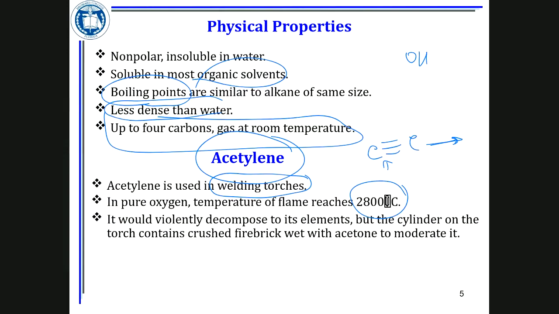They add acetone and fire bricks to keep the temperature controllable, so it doesn't melt everything that is carrying the flame there.